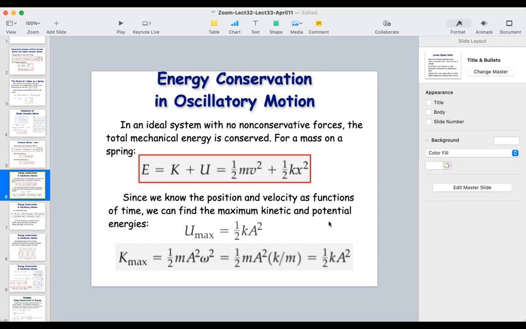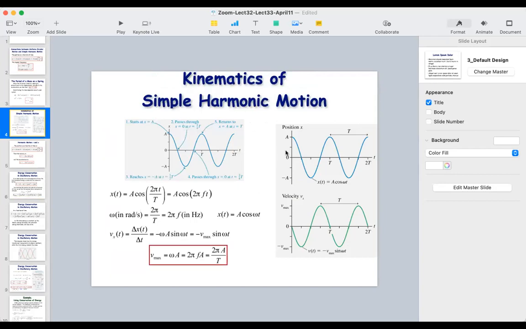Now, since we know the position and the velocity as functions of time, we can find the maximum kinetic energy and the maximum potential energy. For the maximum potential energy, we know that x can go between plus A and minus A at maximum, as shown here.